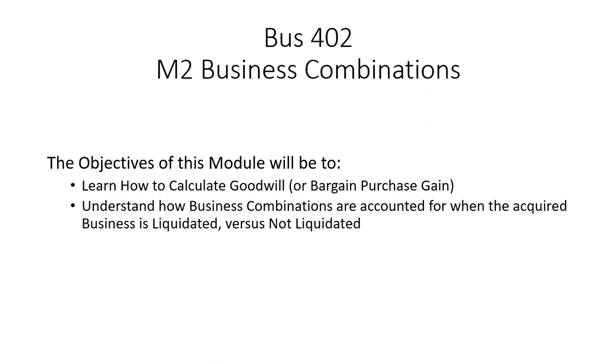Okay, second objective is to understand how business combinations are accounted for when the acquired business is liquidated versus not liquidated. It's very easy. If you acquire all the stock of another company, you control it, but you can liquidate the company, which means you put it out of business and bring all the assets and liabilities over to your own balance sheet, so you'll have one company left.